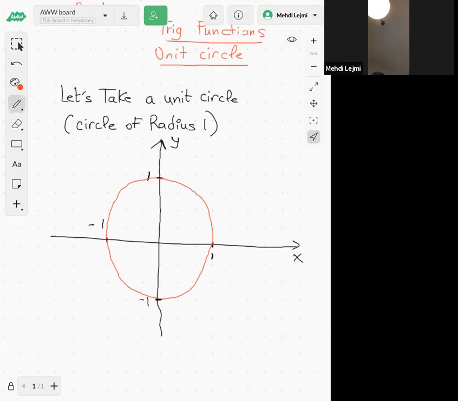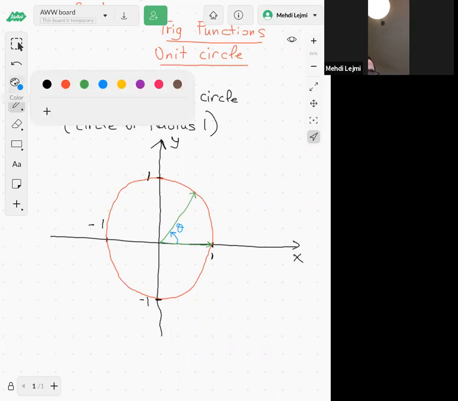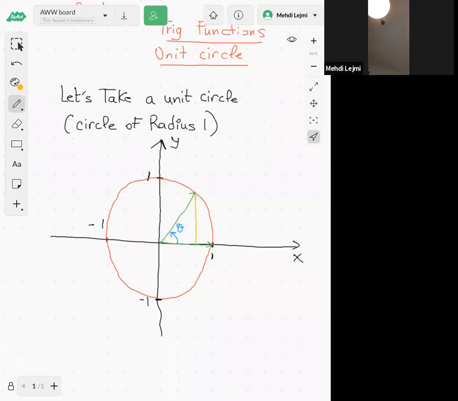And then I'm going to take an angle theta. So here's my angle. This is my angle theta. Now I'm going to take this right triangle. Here I have a right angle that's 90 degrees.